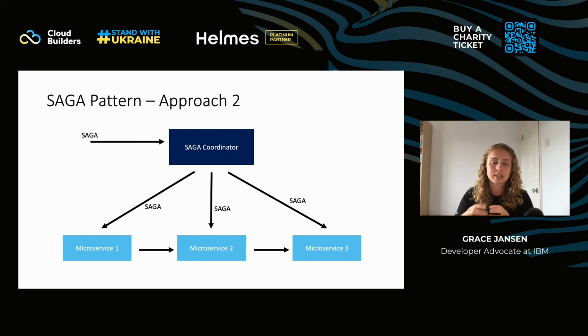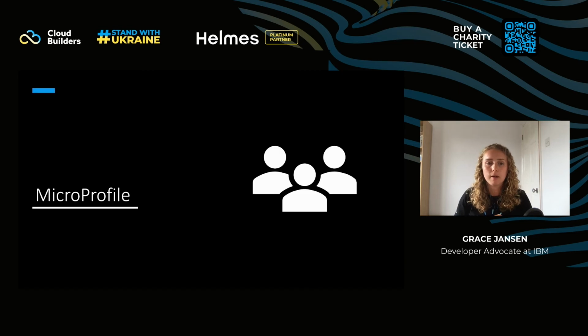This acts as the central controller of all of the local transactions that are part of the overall transaction, and it helps to maintain the status of whether that transaction is complete or not. The original request will come directly to the coordinator and then be sent to the individual microservices.